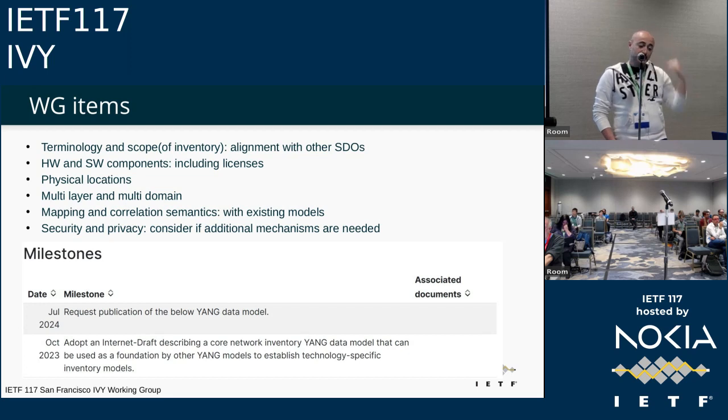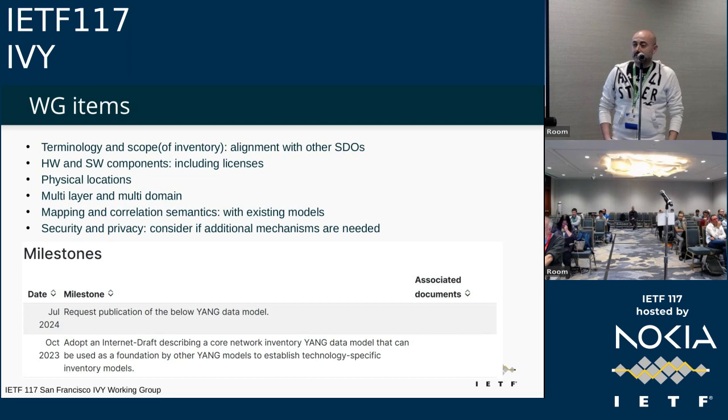As I said before, hardware and software components should be covered in our model. Physical locations: this is another thing that we felt the need to call out explicitly because it wasn't covered in the material that is already there in the various drafts.